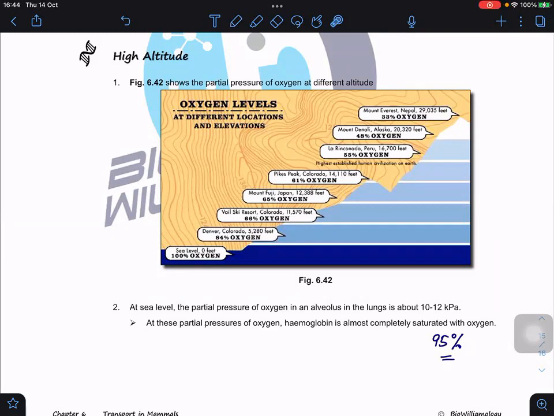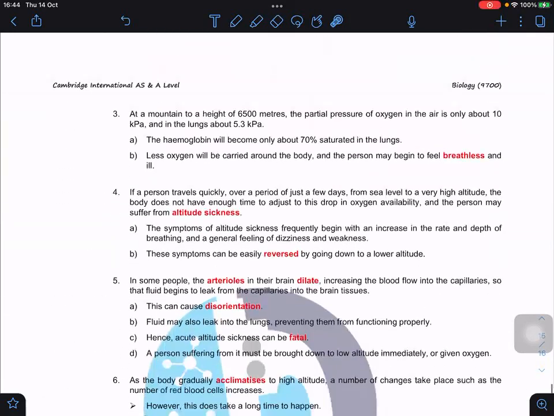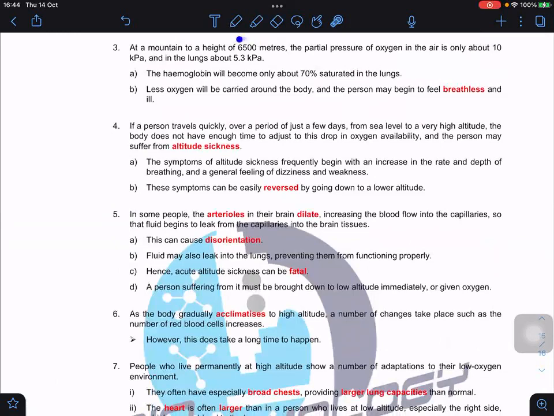If it's lower, according to the oxygen dissociation curve, the percentage saturation is definitely lower. At a mountain height of about 6,500 meters, the partial pressure of oxygen in the air is about 10 kilopascal, but in the lung it will be roughly only about 5.3 kilopascal, and you can see that percentage saturation will be about 70%.